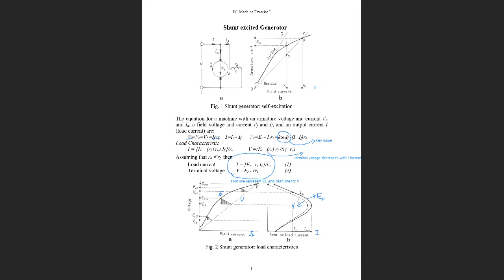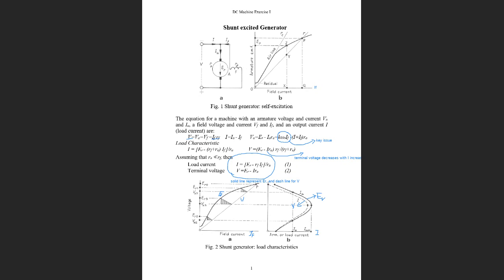When the armature current increases, the field current also increases and the generated voltage increases. Meanwhile, the armature voltage drop increases.